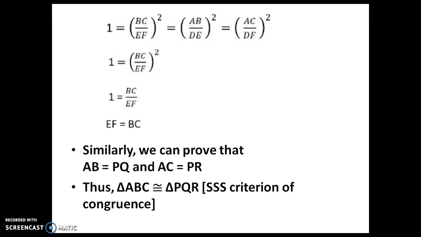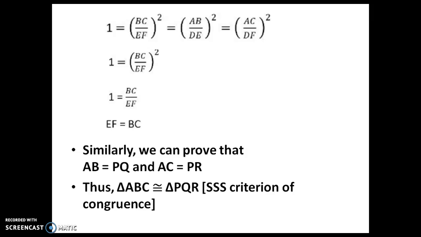Why? Criteria of congruence: if all the sides are equal, then the triangles are congruent, not similar. Proportional means similar; they are equal means it is congruent.